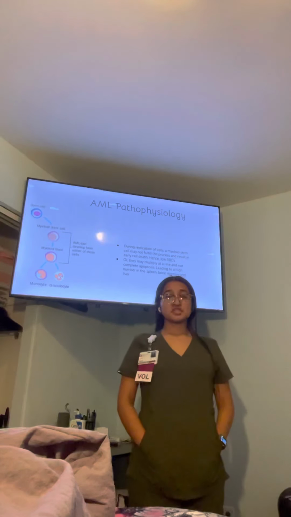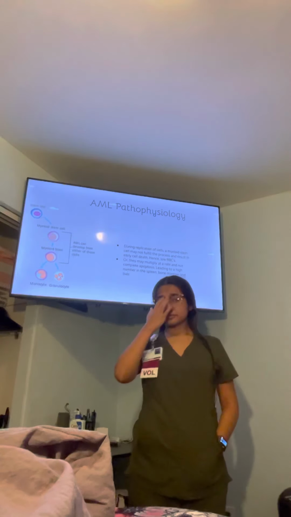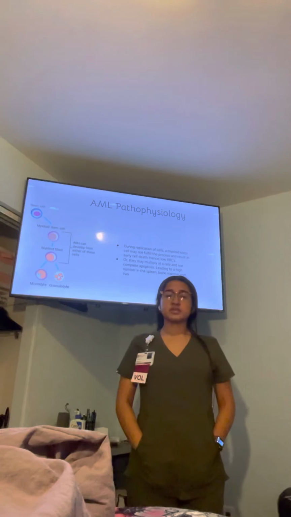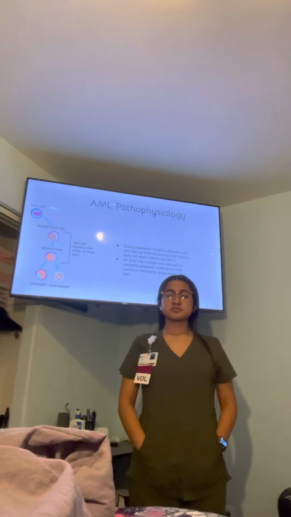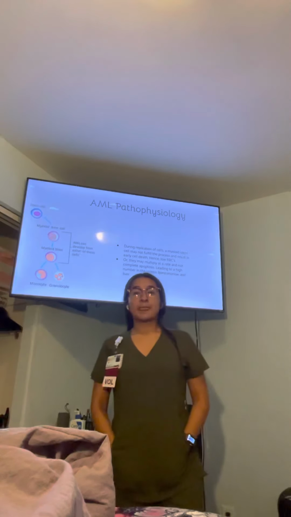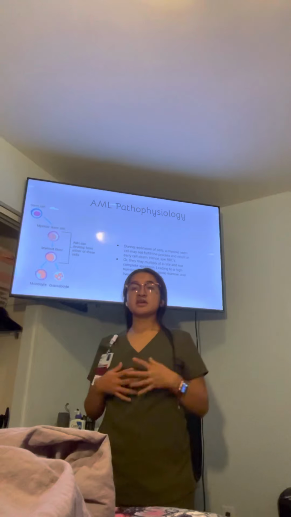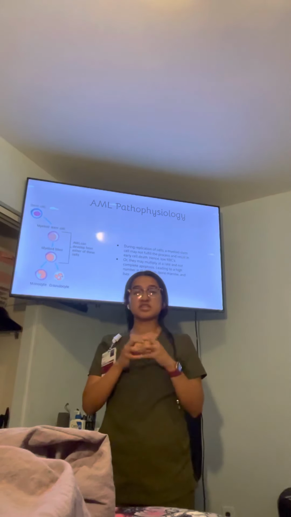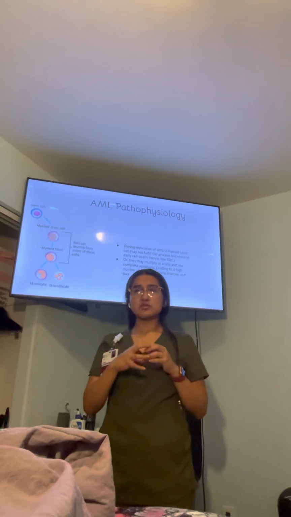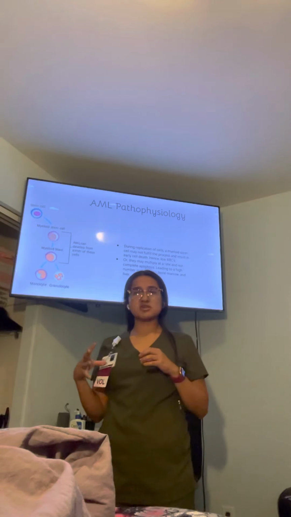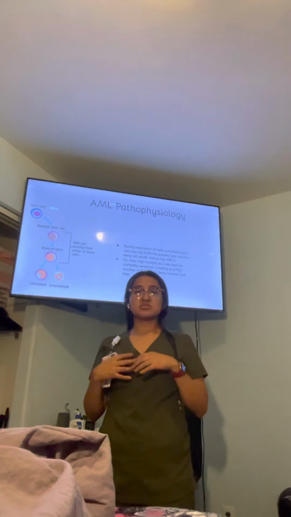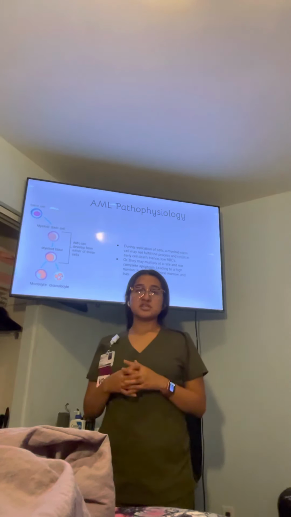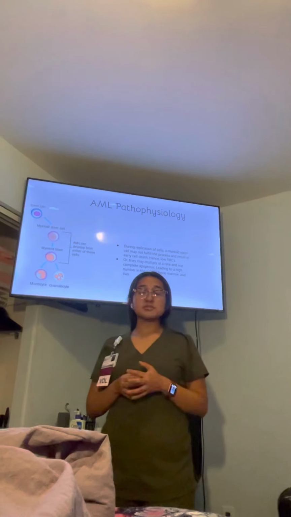Okay, let's talk about the pathophysiology. So in this, the red blood cells, or the cells, are replicating and multiplying. However, sometimes the cell doesn't fully go through with the process and become a mature cell. So the cells are just dying off, and that's when you have a decreased number of red blood cells.